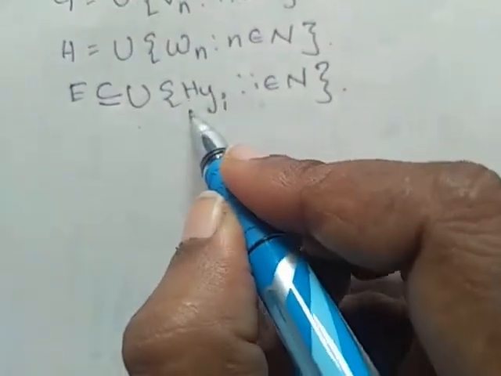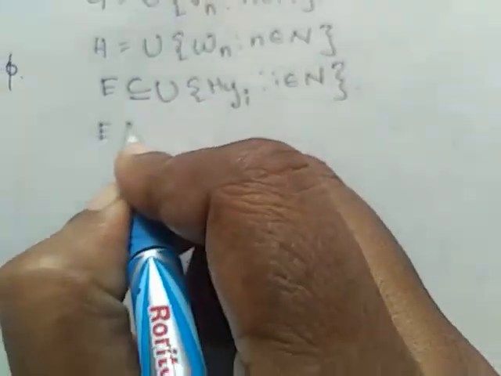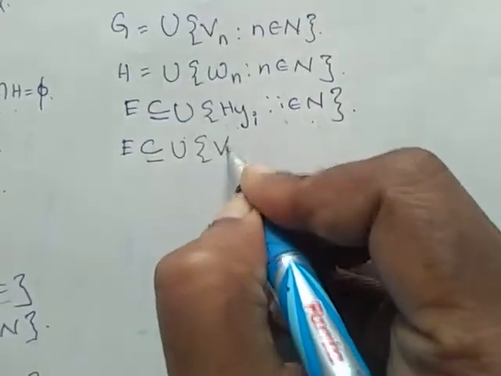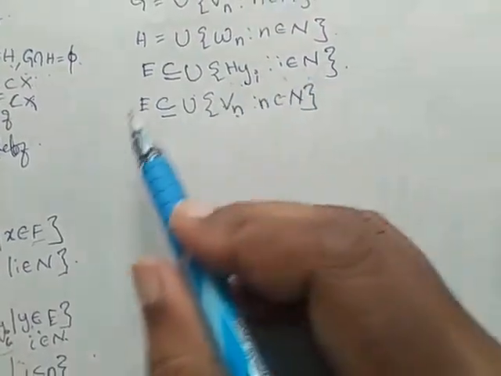Therefore, E is a subset of union of Hyi such that i belongs to N. So this implies E is a subset of union of Vn, because we are defining this as Vn, such that n belongs to N. So what is this?